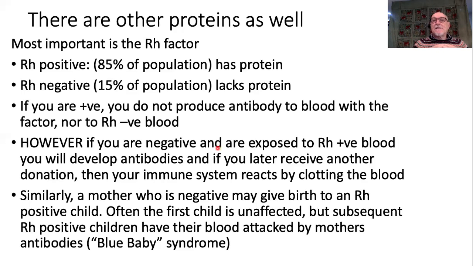Nowadays, it is dealt with by giving the infant an immediate, complete blood replacement, which drains all of the mother's antibody from the body and replaces it with blood serum, which doesn't attack the infant's blood system. So that is a very dangerous situation when the mother is Rh negative and the child is Rh positive.